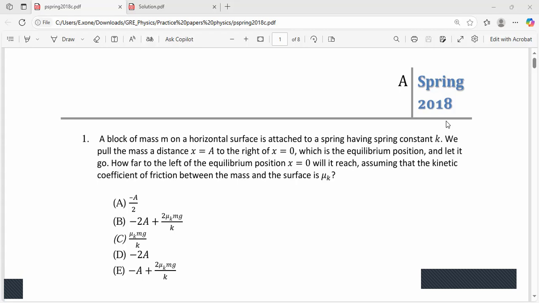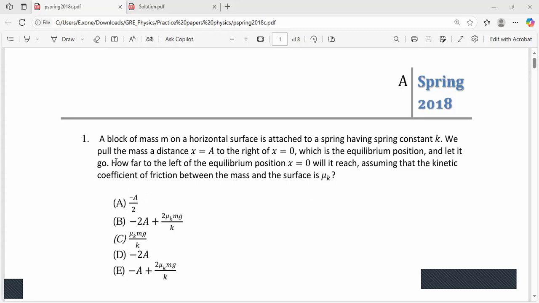Those who belong to Pakistan know that Quaid-e-Azam University is one of the top universities of Pakistan, with one of the best physics departments, and it is also well known around the globe. So let's start with the first question, which is related to mechanics.